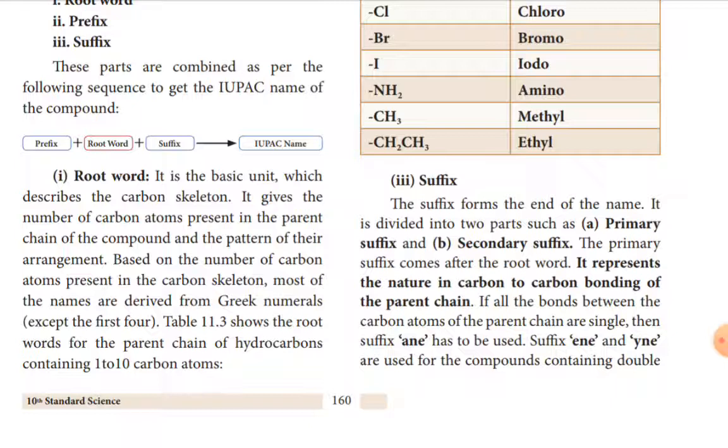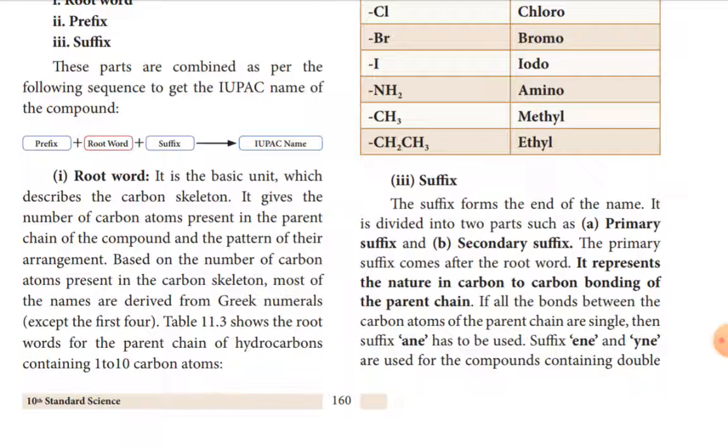So there are two parts here. One is primary suffix, another is secondary suffix. Primary suffix comes after the root word. It represents the nature of carbon to carbon bonding.